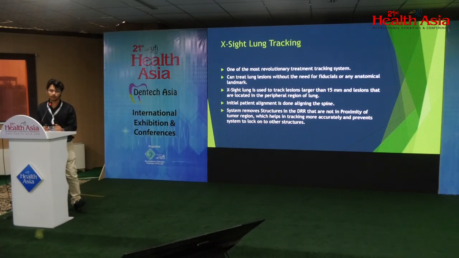For alignment, we use the patient's spine, and to track the tumor, we use the tumor itself. We don't need any external anatomical reference. If the tumor is large enough and dense enough, we can easily track it without any external references.